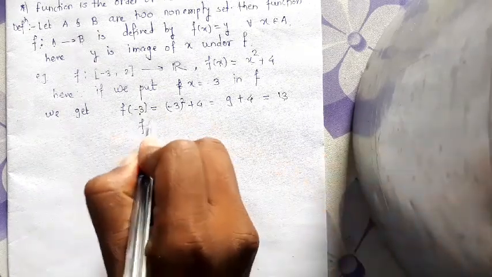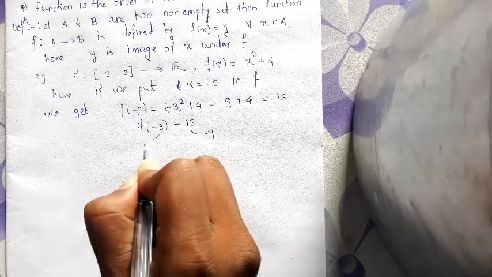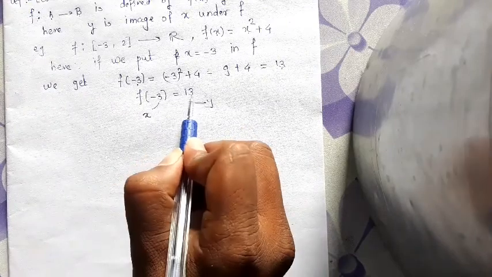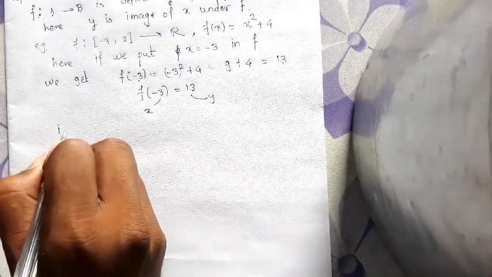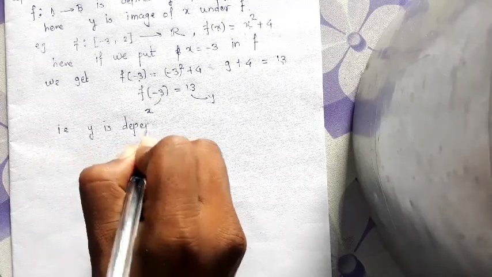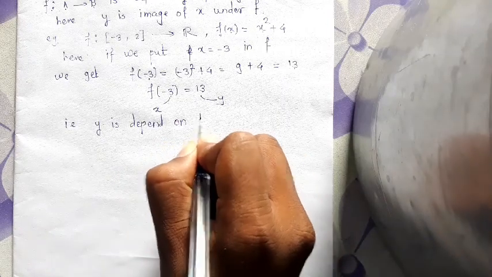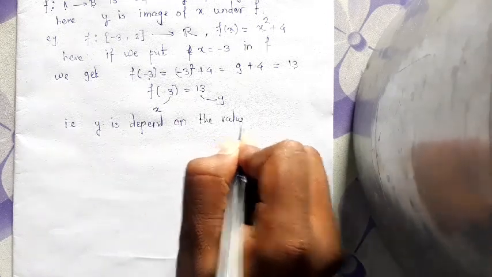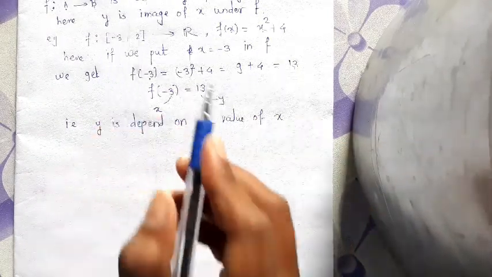F of minus 3 is equal to 13. After substitution of minus 3, we get the value of y. That means y depends on the value of x. We can choose any value of x within this interval.